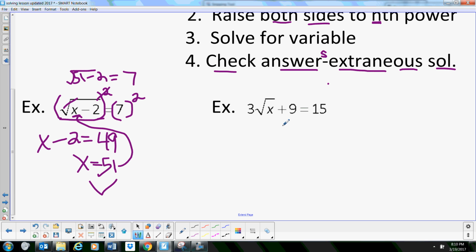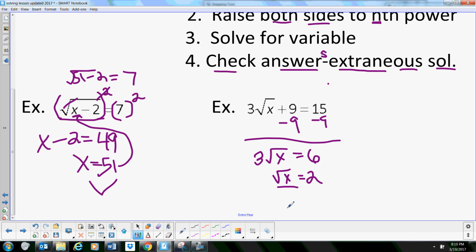Now let's look at the second one. We need to isolate the radical, so we need to subtract 9 from both sides, and that leaves us with 3 times the square root of x is equal to 6. So the square root of x is equal to 2, and then we get the radical by itself. So it took us several steps to isolate the radical, which is actually step 1, sorry.